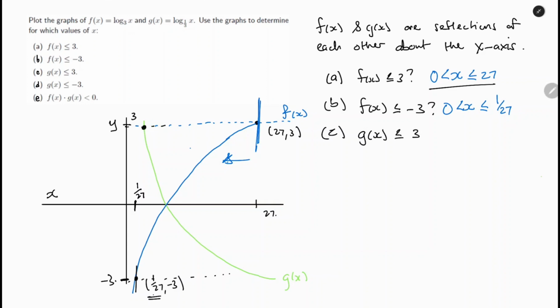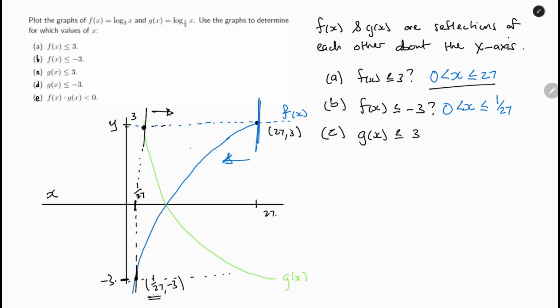So here, at this point, is where g of x cuts the line y is equal to 3, and we can see that for all x values to the right or greater than this x value here, that is where g of x is less than or equal to 3. In fact, g of x equals 3 at x value 1 over 27. So again, forgive me, not the most accurate of drawing, but this is all in the same line here.